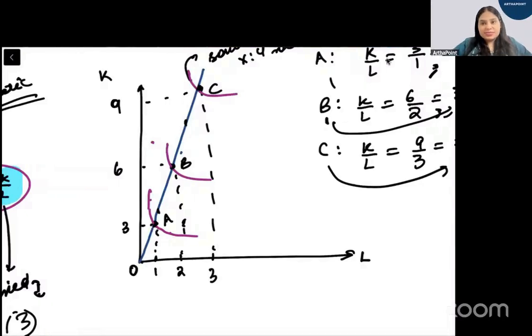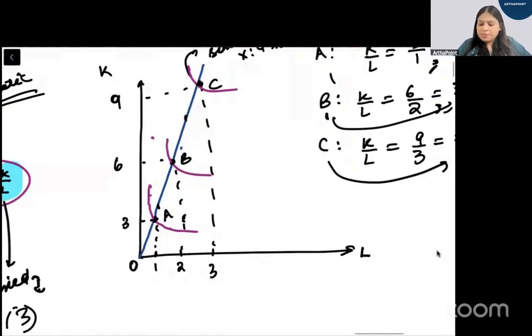We can also say that the isoquants are radial expansions of each other, they are scaled expansions of each other. It means we did nothing, we just kept scaling. For example, in points A, B and C, I have just multiplied by 3. I've kept the ratio the same. I had 3, then I scaled it to 6, then to 9. So 3 ka table is 3, 6, 9. I'm just scaling the points.